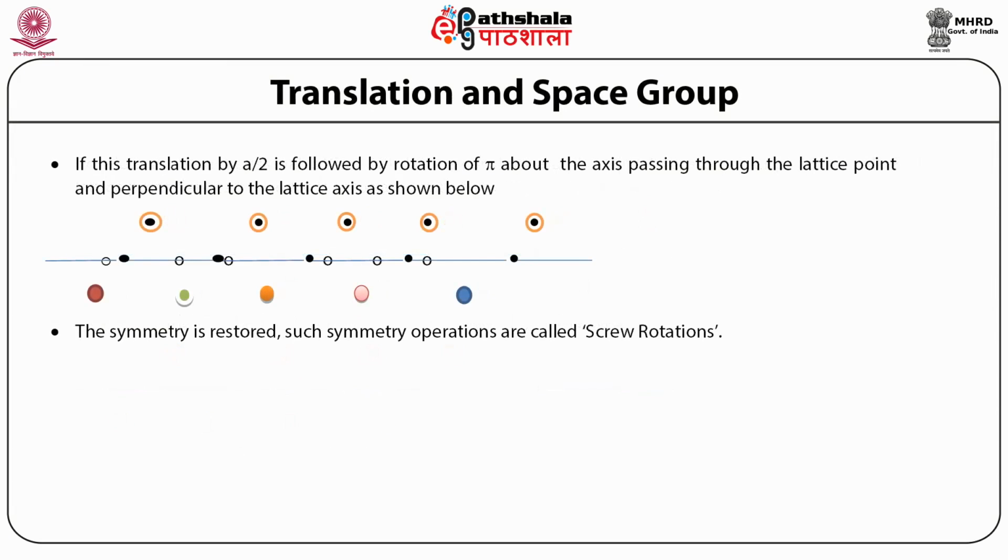If I follow this translation by A by 2 with a rotation of pi about the axis passing through the lattice points, which is perpendicular to the lattice axis as shown below, then I get back the symmetry, and the symmetry is restored. Such a symmetry, which consists of two operations, a translation by A by 2 and then a rotation, is called a screw rotation.